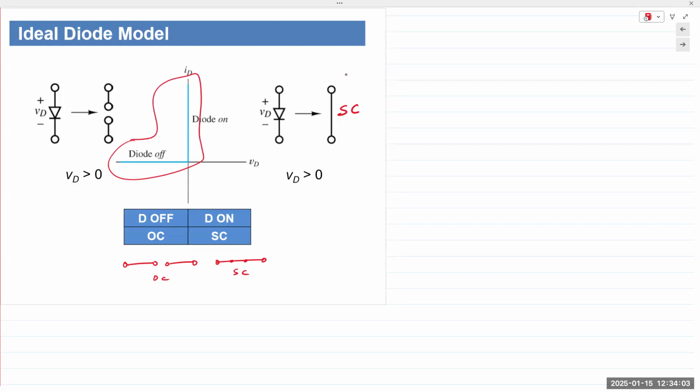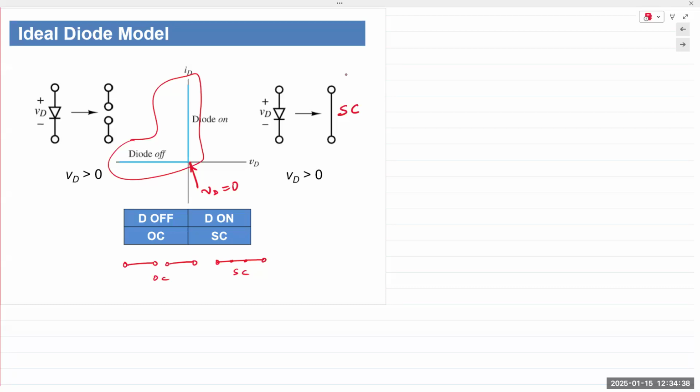Okay, if the diode is on, it's a short circuit. And when you have a short circuit, meaning both ends of the diode are now connected to each other, meaning there are two separate nodes connected by a wire, meaning they're the exact same electrical node, meaning there is no difference in electric potential between those 2 points, meaning the voltage between those 2 points is equal to 0, which is shown right here. VD is equal to 0.